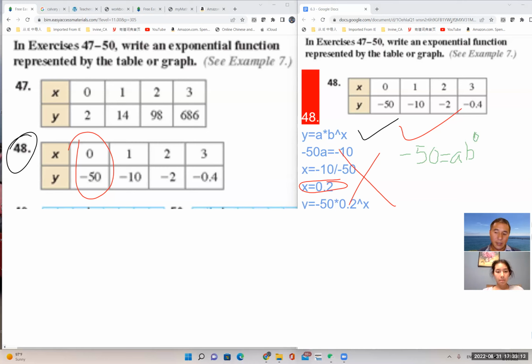Yeah, that's it. This equal to what? Do you have an idea?